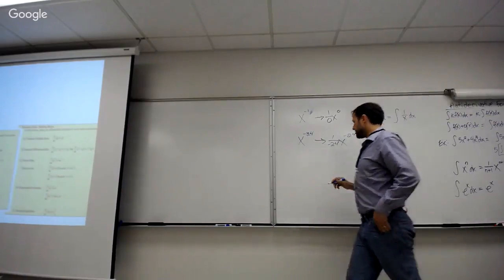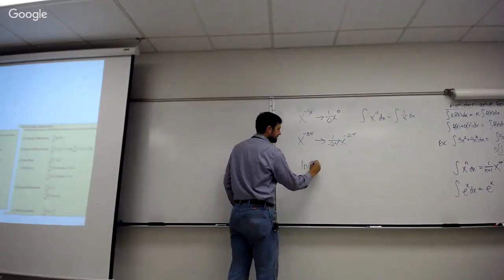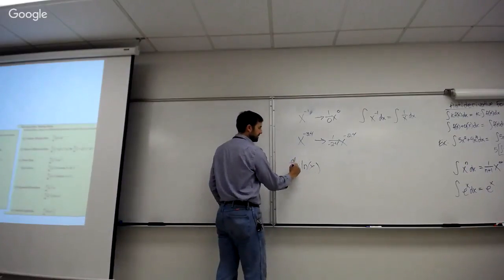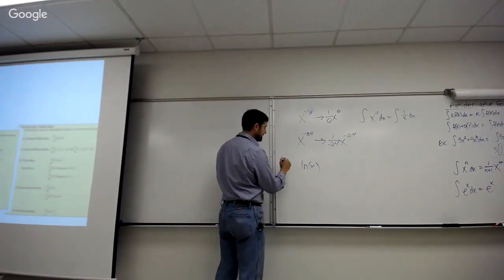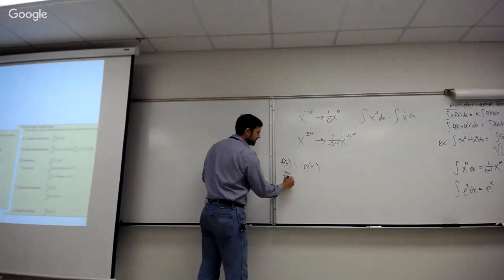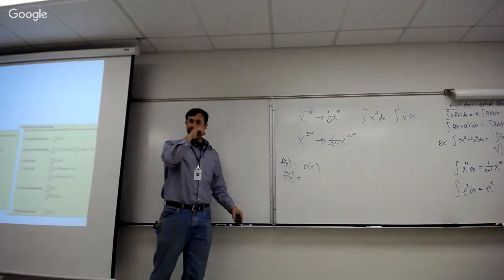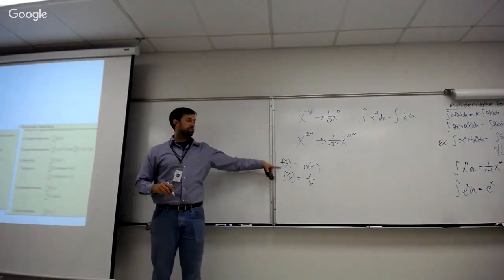Do you folks remember doing the derivative? The derivative of natural log. What's the derivative of natural log? Here, wait, let me write it the way we've seen it. If the function is natural log, then what was the derivative of natural log? 1 over x. Yeah, the derivative of natural log is 1 over x.